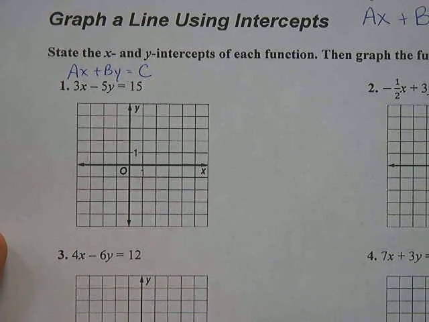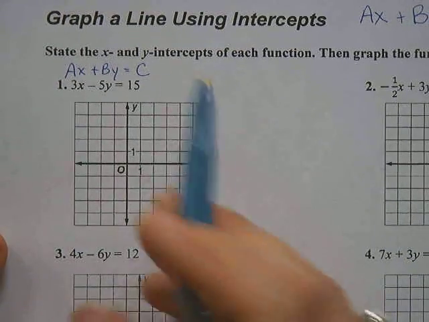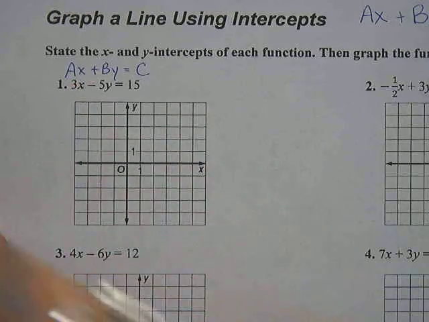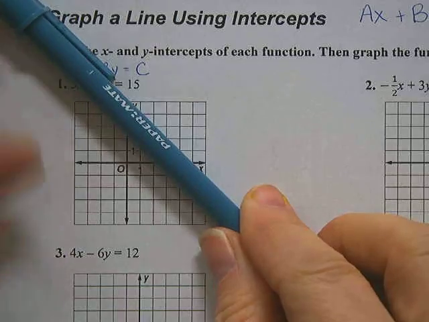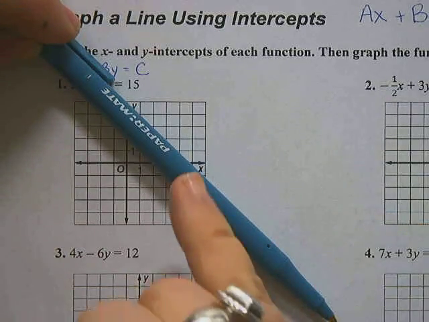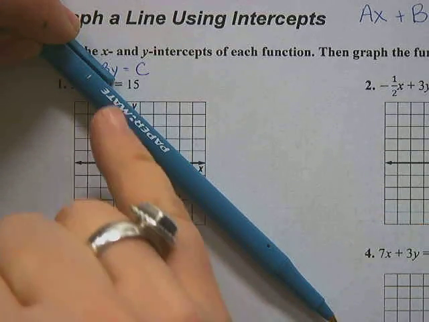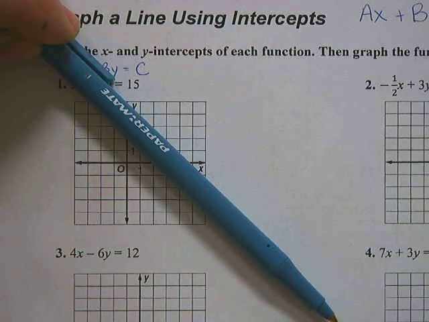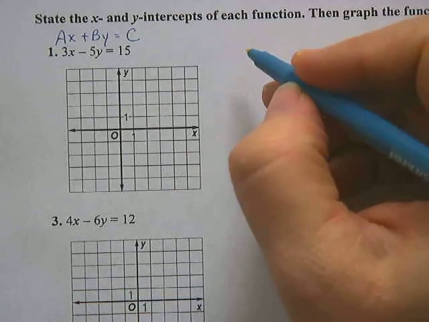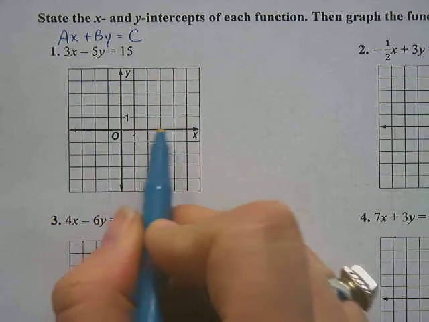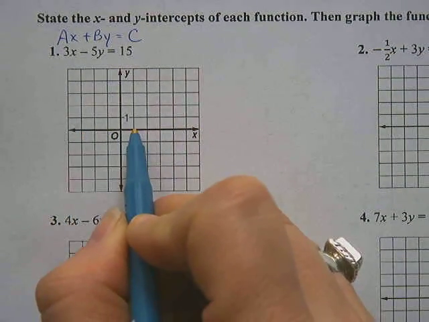So when an equation is in standard form, there's an easier way to graph it than solving for y and using y equals mx plus b. And it's to graph by using the intercepts. And what we mean by the intercepts is, if the line slanted like this, the intercepts are where the graph crosses the x-axis and where it crosses the y-axis.